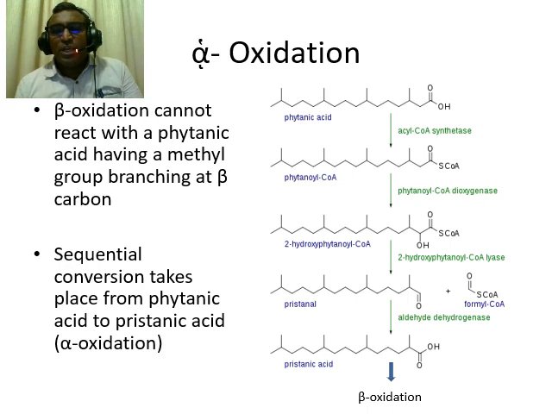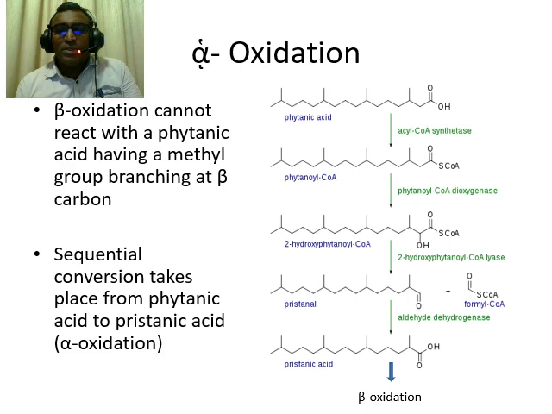To do so, it will cause the activation of acyl-CoA synthetase, where it will add coenzyme A to phytanic acid to become phytanoyl-CoA, and then a few further steps where at the end of it there will be a cut happening to remove one carbon.